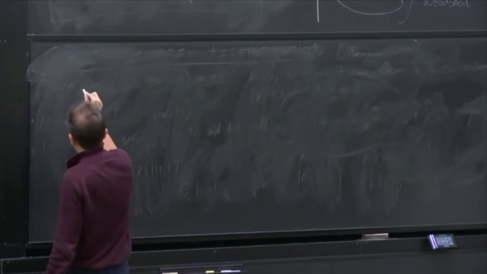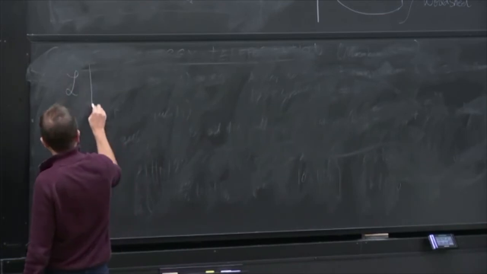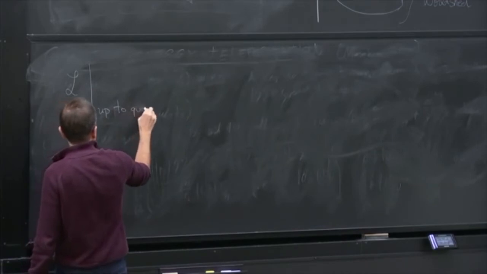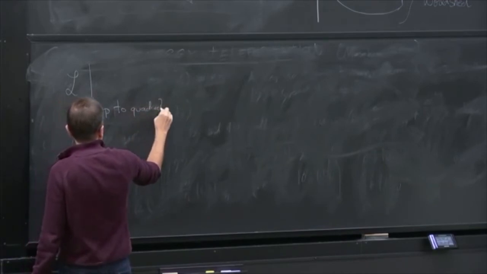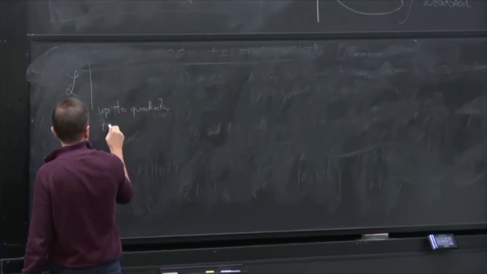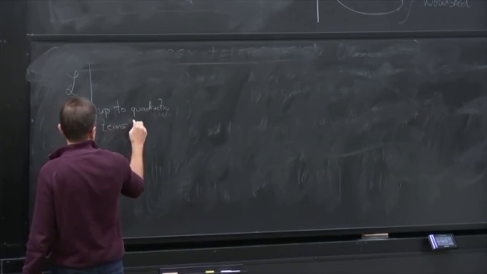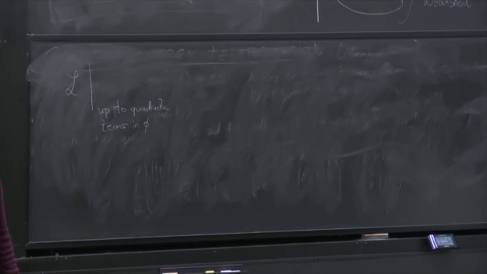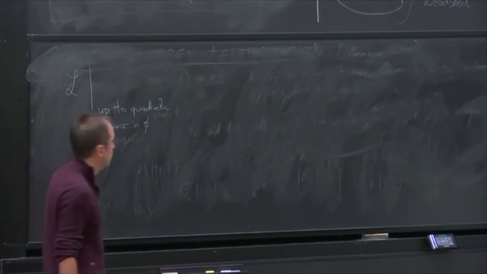So the Lagrangian, let's now write up to quadratic terms in phi. So we expand in the small fluctuations phi and we work out up to quadratic terms.